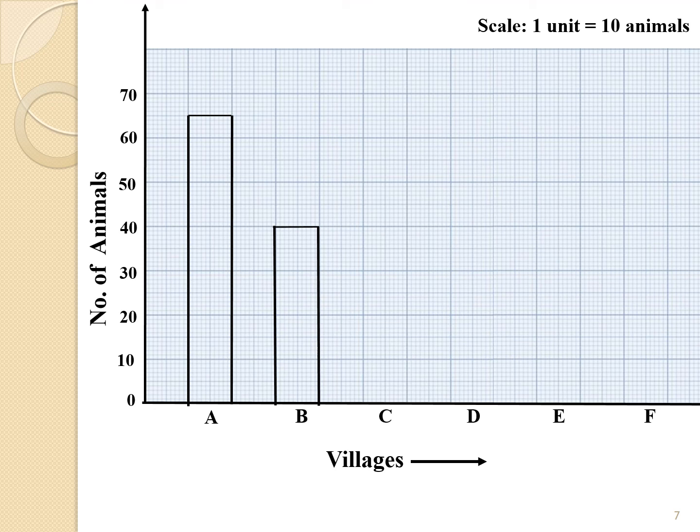Now, let us draw the vertical bar for village C touching the mark 30, as there are 30 animals in village C. Now, let us draw the vertical bar for village D touching the mark 50.